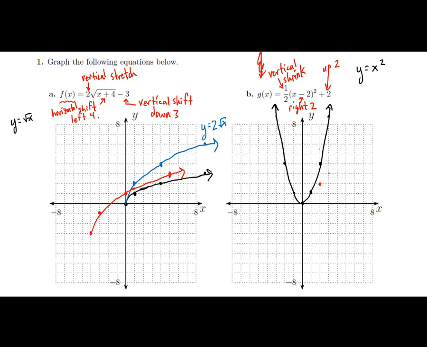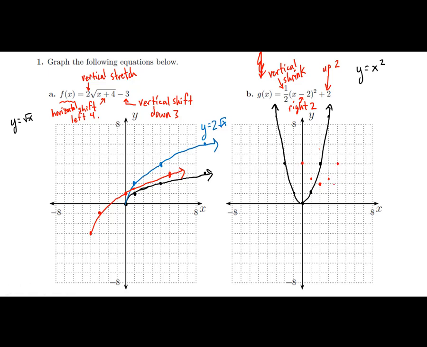But because I'm multiplying by 1/2, I'm only going to go over 1, up 1/2. So I'll just go up half as high as I would have if it were a normal parabola. Normally I'd go over 2, up 4, but because I am cutting all y values in half, I'm going to only go over 2, up 2.